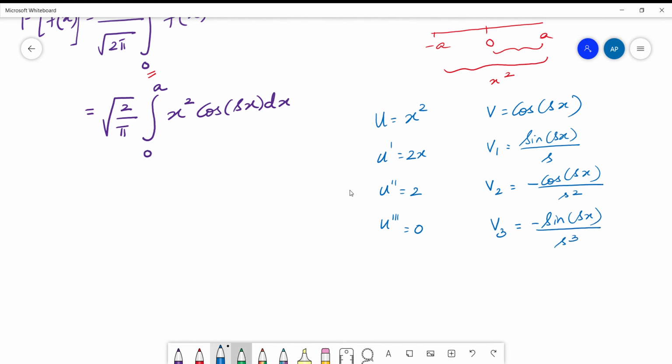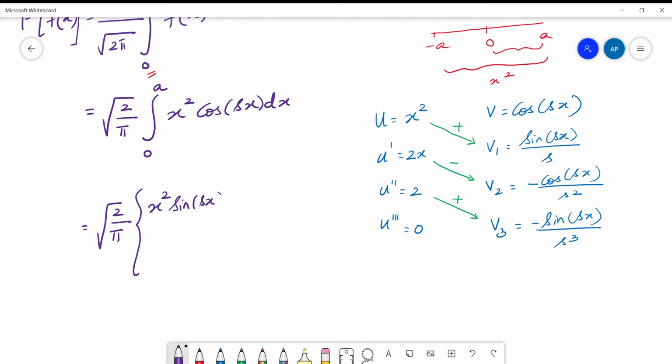Now what we need to do is combine, put an arrow to u and v1 with a plus sign, u dash v2 with a minus sign, u double dash v3 with a plus sign. So now let me substitute and rewrite this. It will become root of 2 by pi. Let me open a flower bracket. The first term is x square sine of sx divided by s.